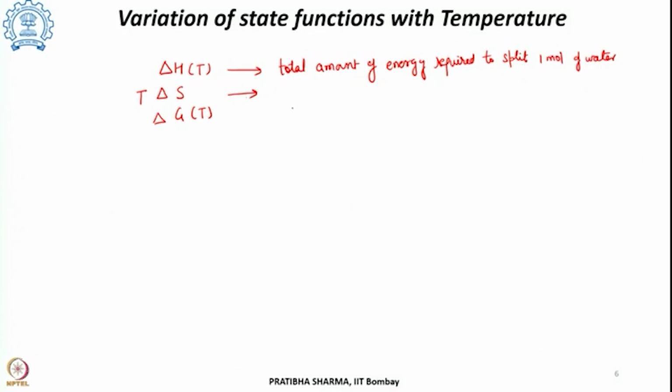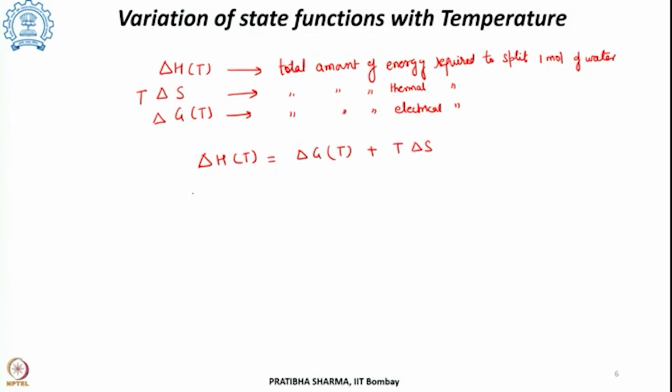The T delta S term represents the thermal energy or heat energy required in the process, while delta G represents the total amount of electrical energy required to split 1 mole of water. So, the total energy has a certain contribution from electrical energy and the remaining contribution from thermal energy.